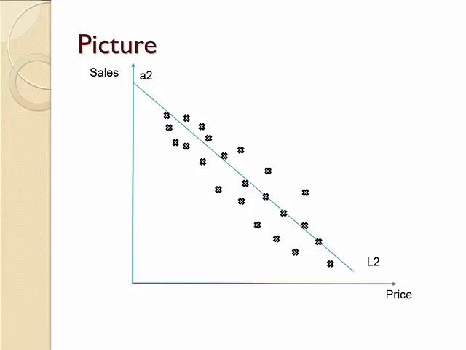And this depends on the choice of A and B. So if A equals A1 and B equals B1, we get a certain error. And if A equals A2 and B equals B2, then we get a different error. The other issue that is of relevance is that if we simply add up all the errors, then that might not get us to the right estimates.